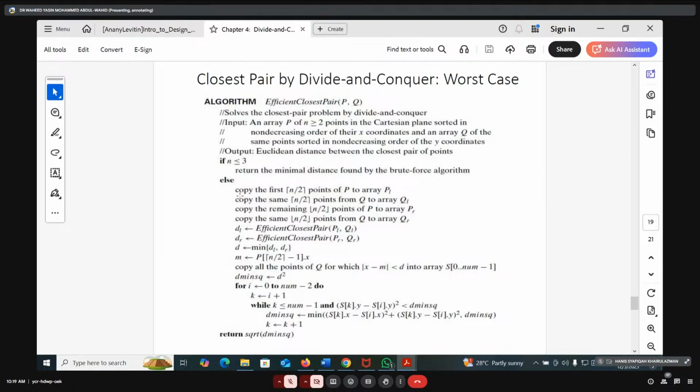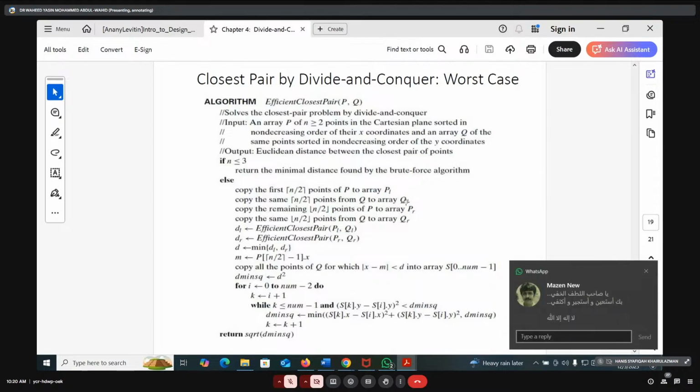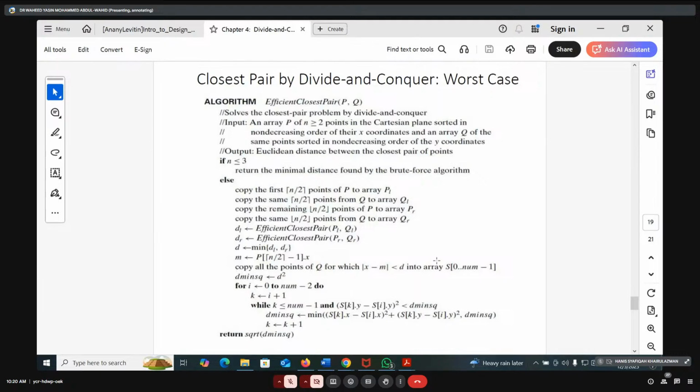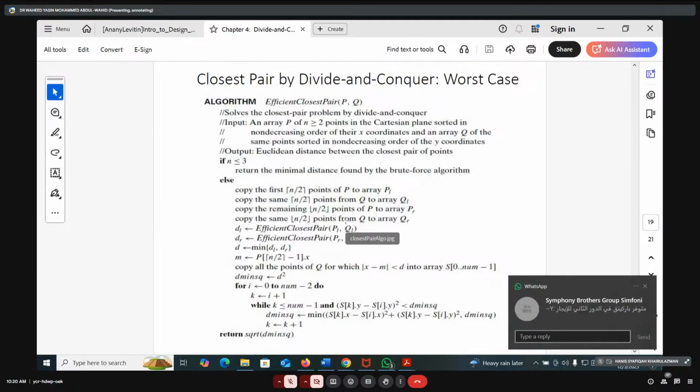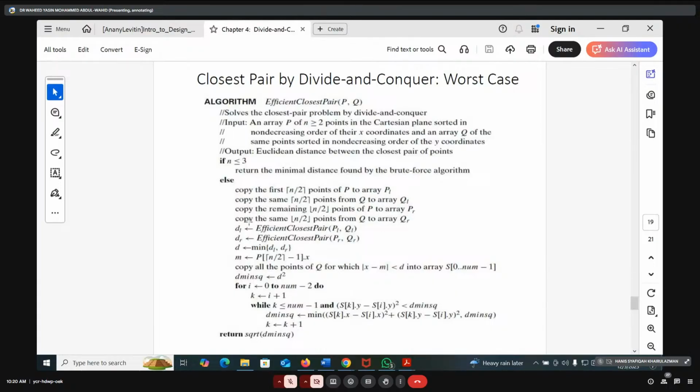Else, copy the first n divided by 2 points. So here I divide the plane into areas. Here, the points of array P go into P left, and copy the same points from Q to array Q left. Then copy the remaining points of P to array P right, and copy the same n divided by 2 points from Q to array Q right.